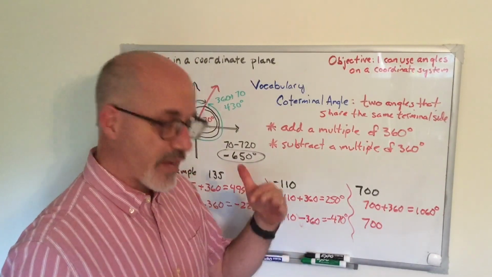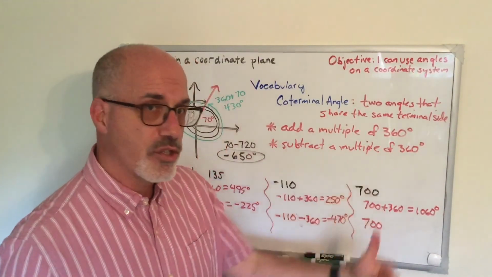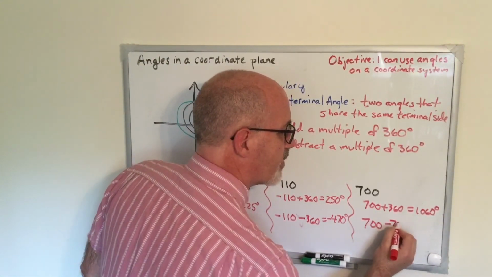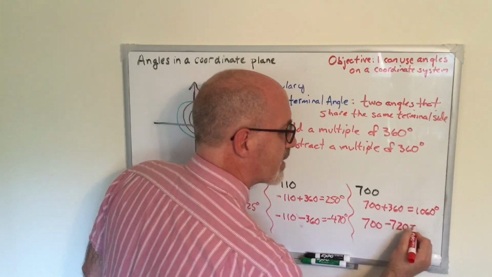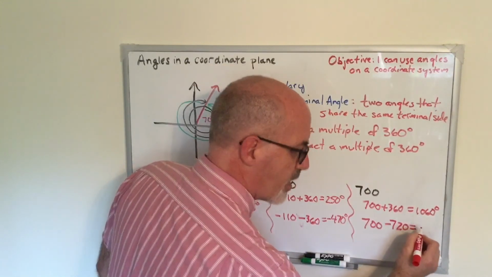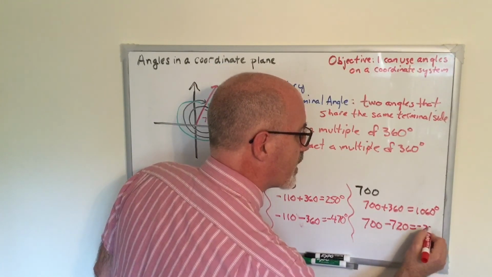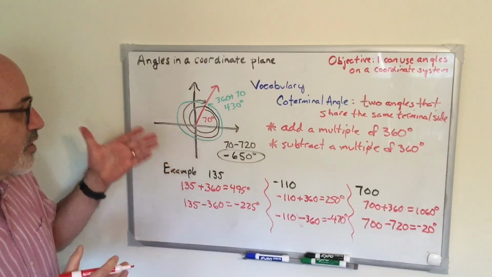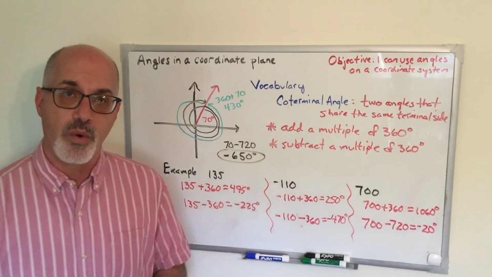I've got to go further. I've got to subtract at least 2 rotations, which would mean a multiple of 360 would be 720. If I subtract 720 from 700, I get negative 20 degrees. So that's the way you find coterminal angles, using angles in a coordinate system.